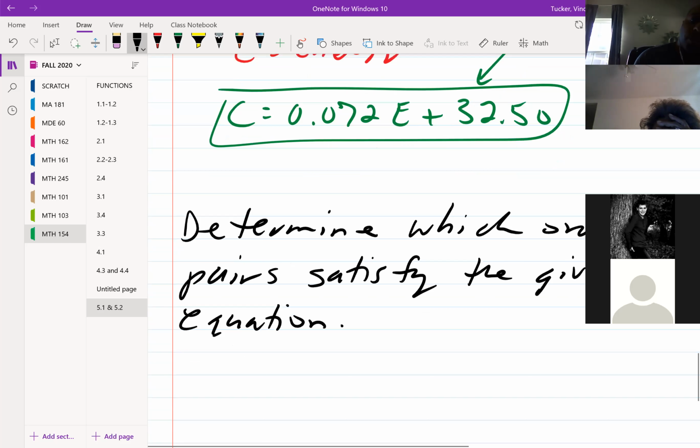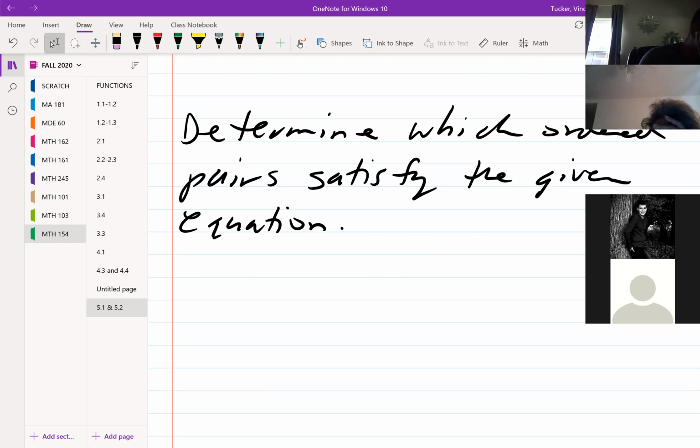It says determine which ordered pairs satisfy the given equation. And it gives us a few ordered pairs to try.